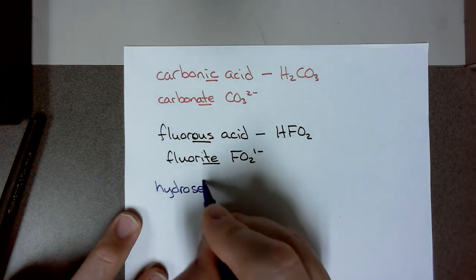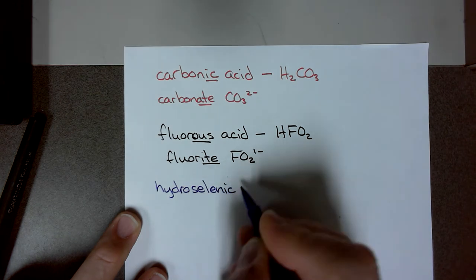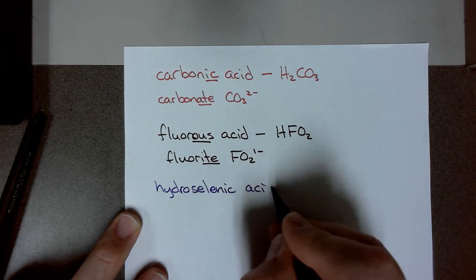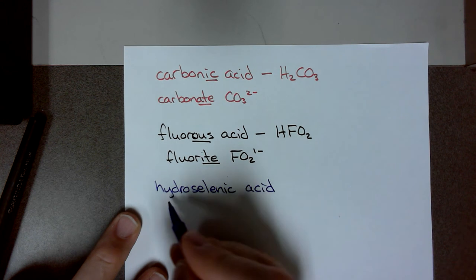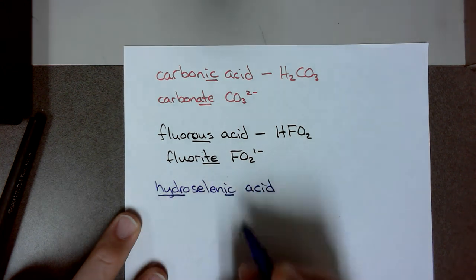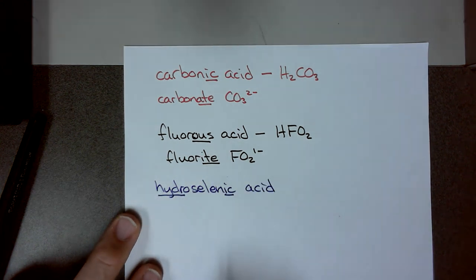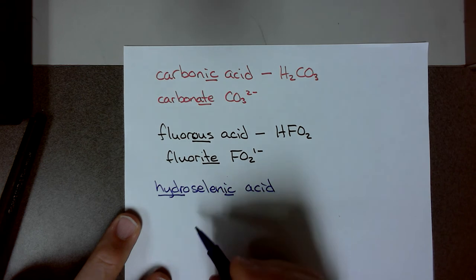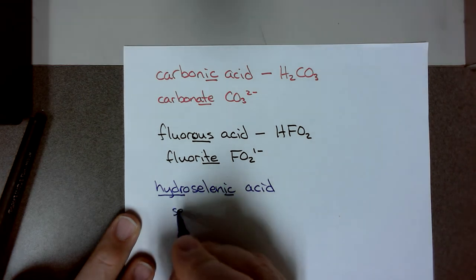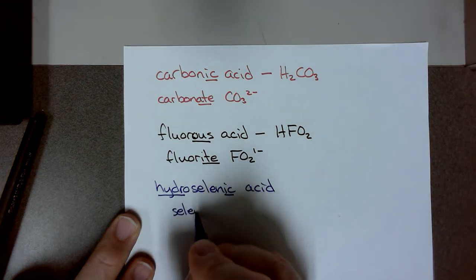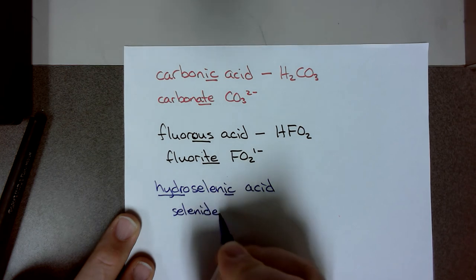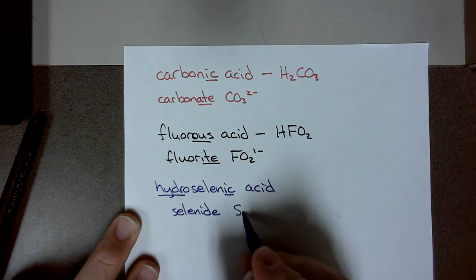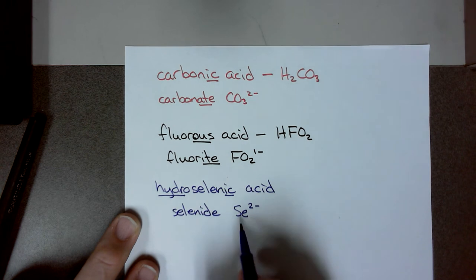A last example for this we'll look at, what if I have hydroselenic acid? Okay, so now again I'm looking at hydro-ic, so that means I'm looking at an ide anion. And so selenide, selen is the root for selenium, so that would be a selenide anion, which is Se2 minus, a monoatomic.